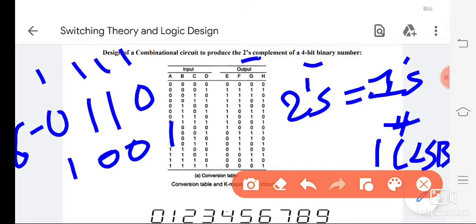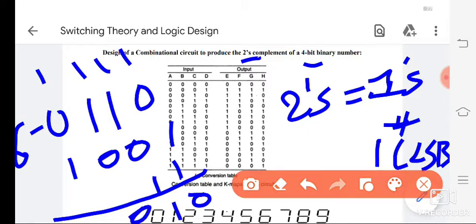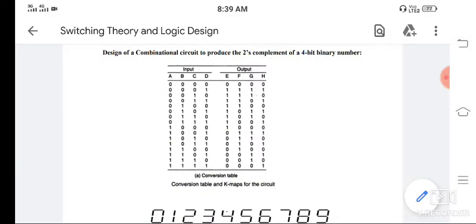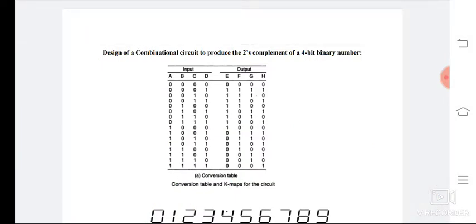Next, for the 2's complement we add 1 to this number. So 1 plus 1 is 0 with carry 1, adding the carry gives 1 0 1 0. The 2's complement of 6 is 1 0 1 0. In the same method we apply this for 0 to 15.